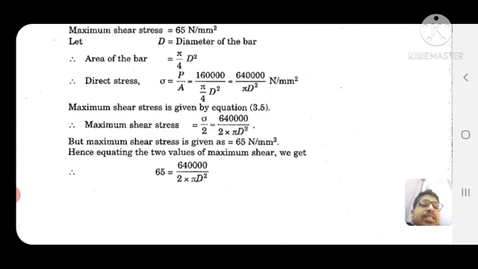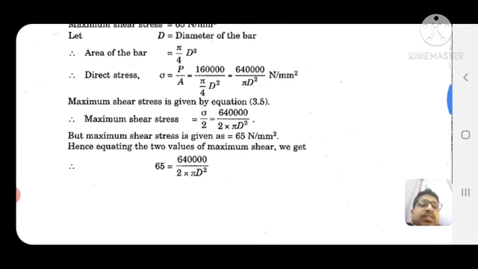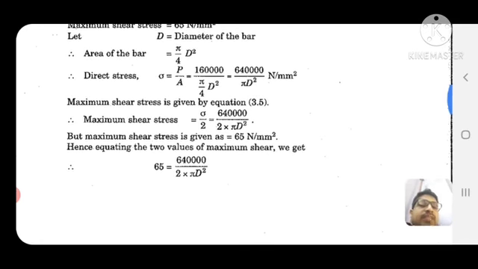Capital A is equal to area of the bar, pi by 4 into d square. Direct stress sigma is equal to P by A. So 160,000 divided by pi by 4 into d square, 640,000 by pi d square Newton per millimeter square. So the value of maximum shear stress we know is sigma by 2, but maximum shear stress is given as 65 Newton per millimeter square.